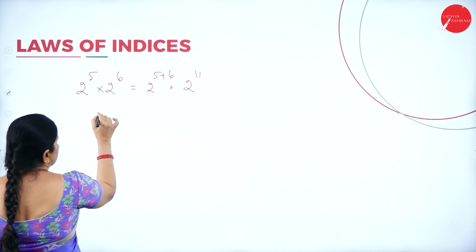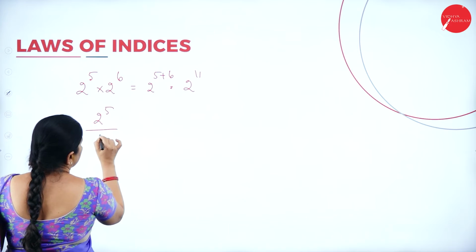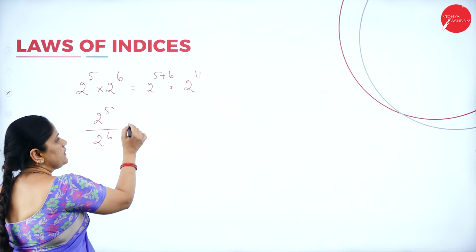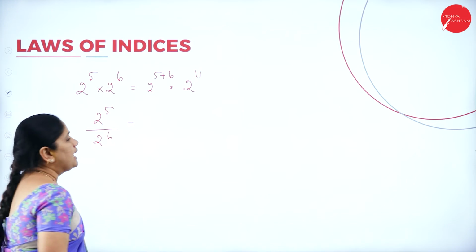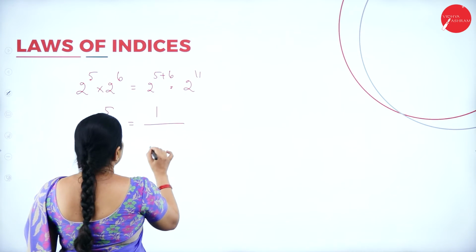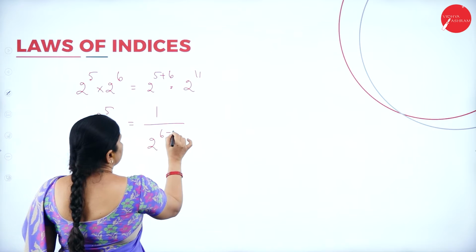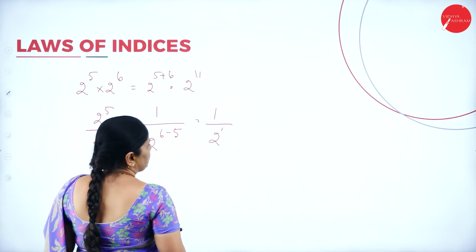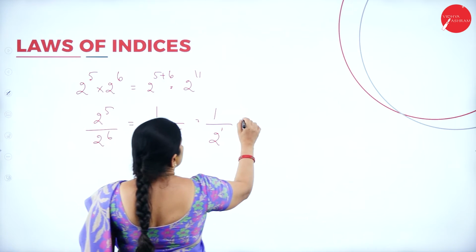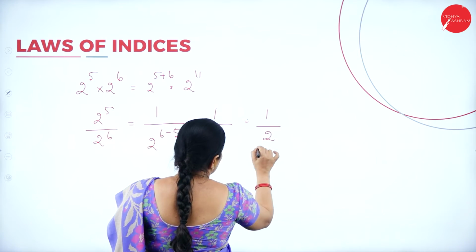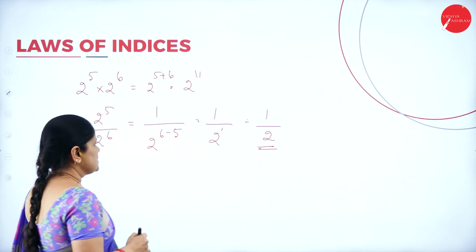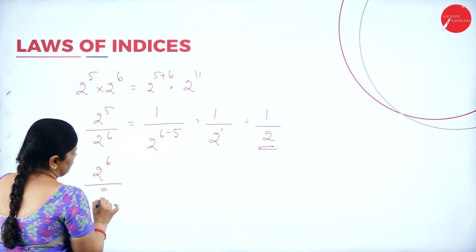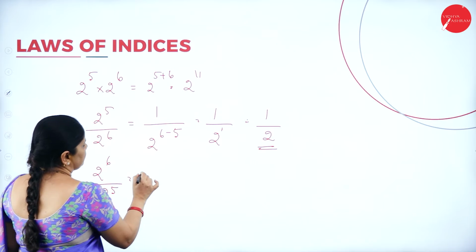Now, suppose I write 2 to the power of 5 divided by 2 to the power 6. What will be the answer I'll be getting? 1 divided by 2 to the power 6 minus 5, that is 1 by 2 to the power 1, or this will be equal to 1 by 2. Now, suppose I write 2 to the power of 6 divided by 2 to the power of 5.